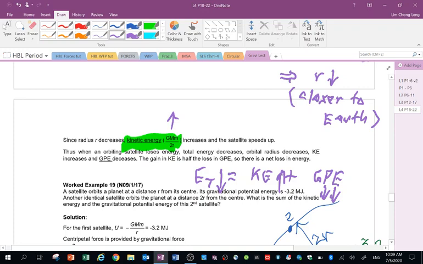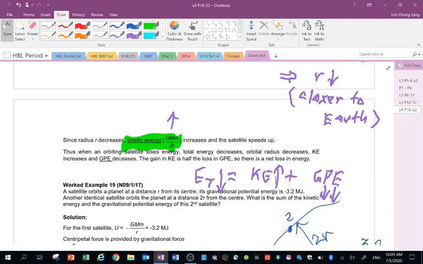So because GPE decreases much more than the increase in KE, there is a net loss in total energy. The net loss in total energy actually goes into thermal energy, okay?